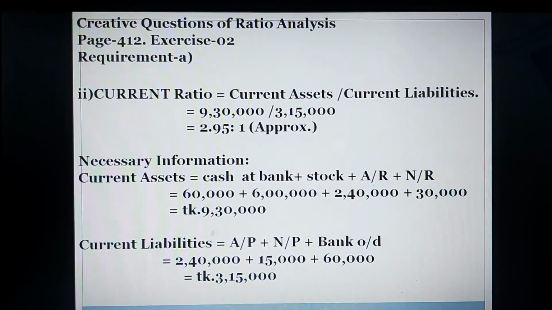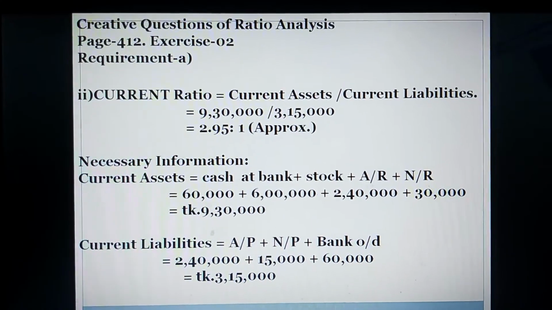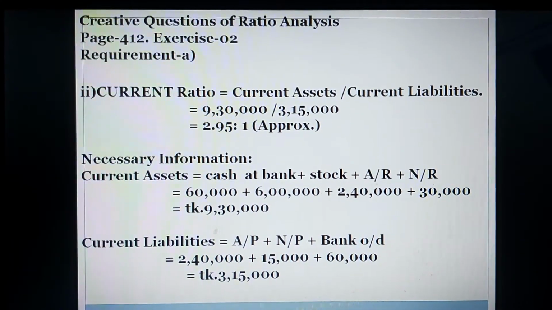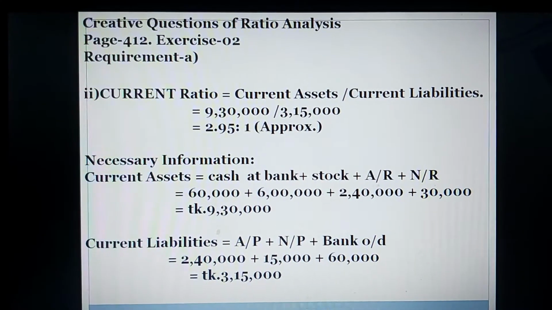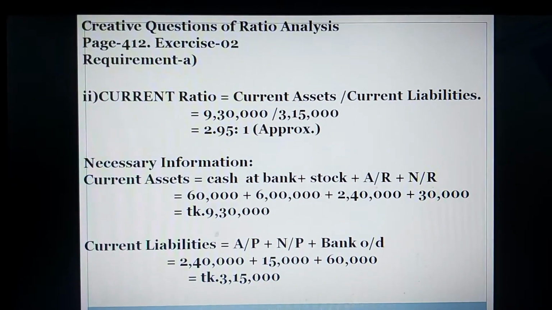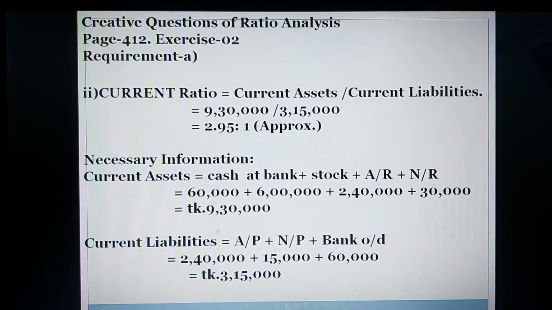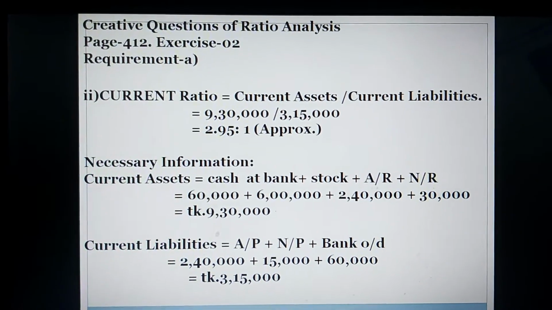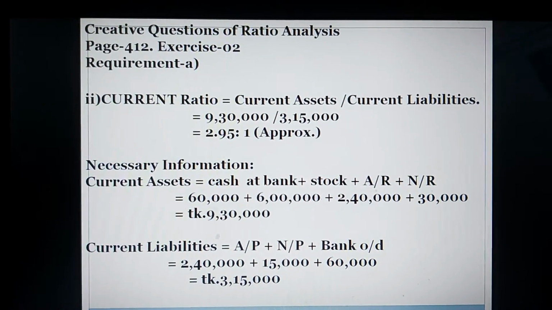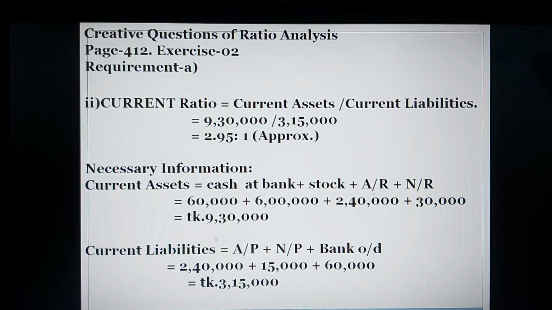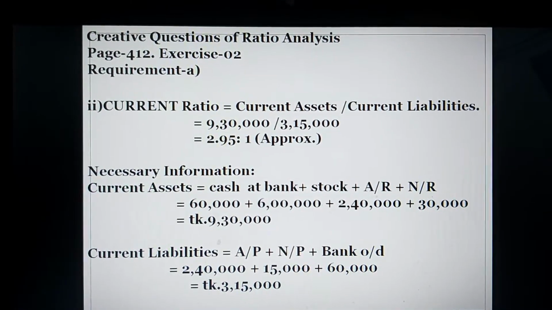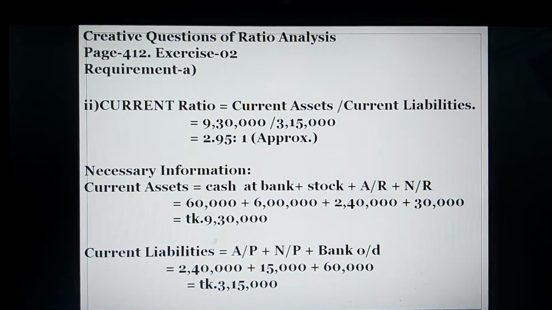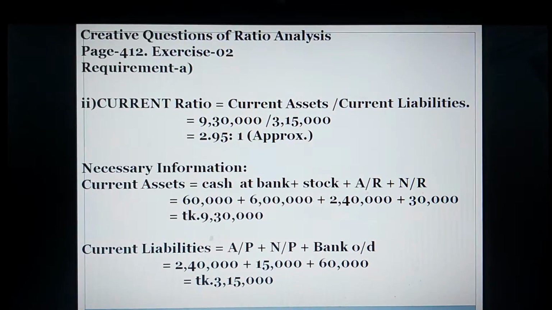So you can compute the current ratio: current assets divided by current liabilities. So 9,30,000 divided by 3,15,000 is equal to 2.95:1. That is the approximate value.